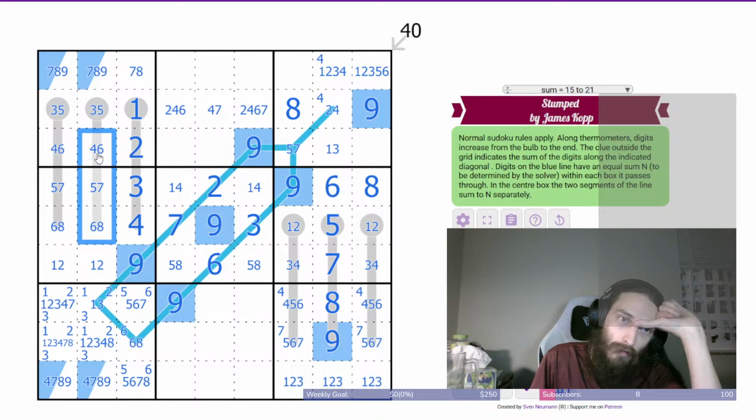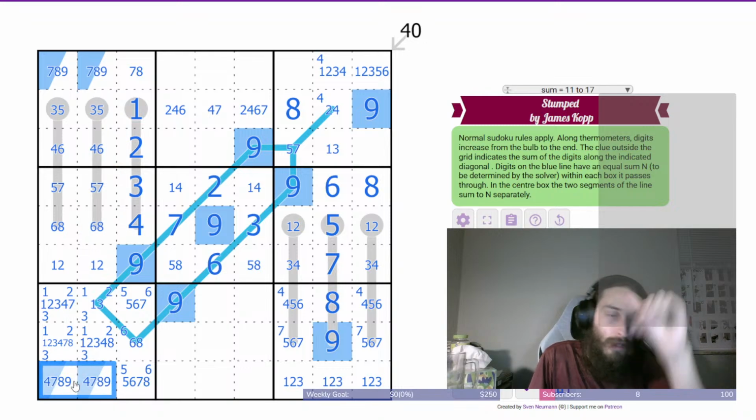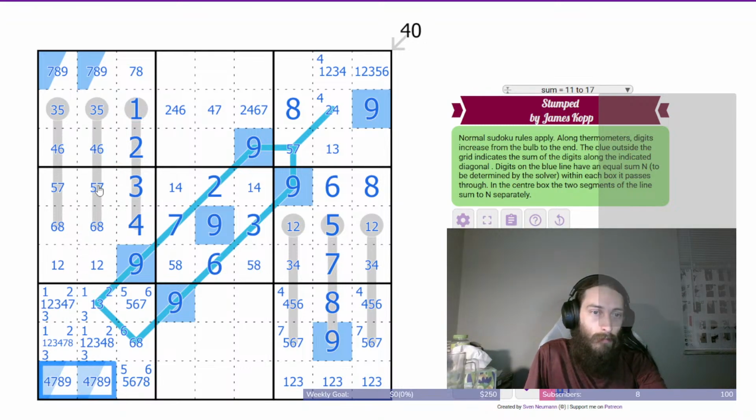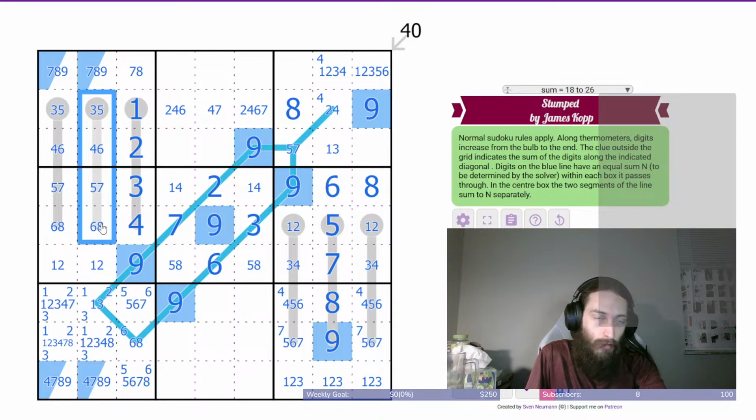Eight, 7, 6, 5, or 5, 6, 7, 8. One of these two has to have a 4 at the bottom, because we're going to have 5, 6, 7, 8. Which is going to pair with our blue digit. Although I guess, well, in that instance, if you put blue there, this is still 7, 8.